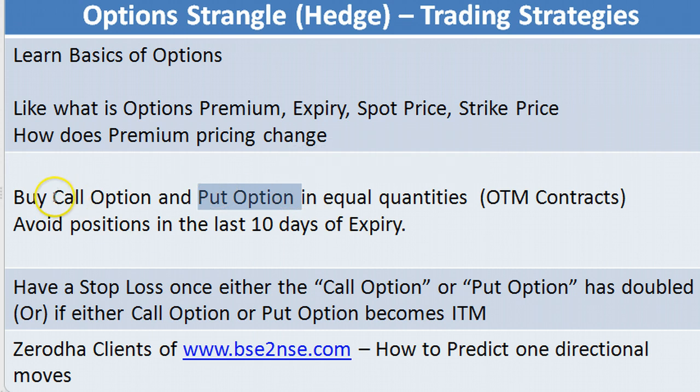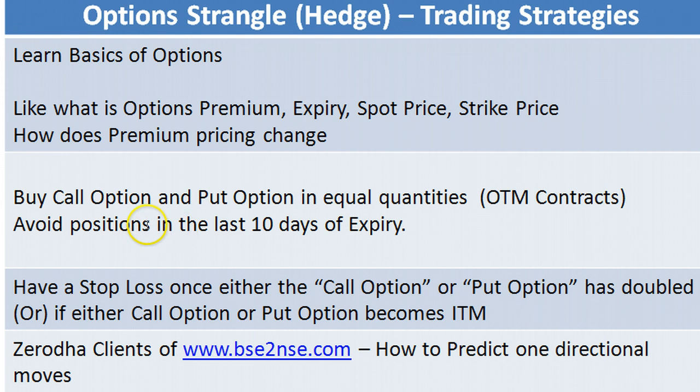You will buy, let's say, 5 lots on call option, and 5 lots on put option. Thereby you will place your bets on both upsides and downsides equally, and then you will wait for the markets, in our case Nifty or Bank Nifty, to move substantially by at least like 5%.